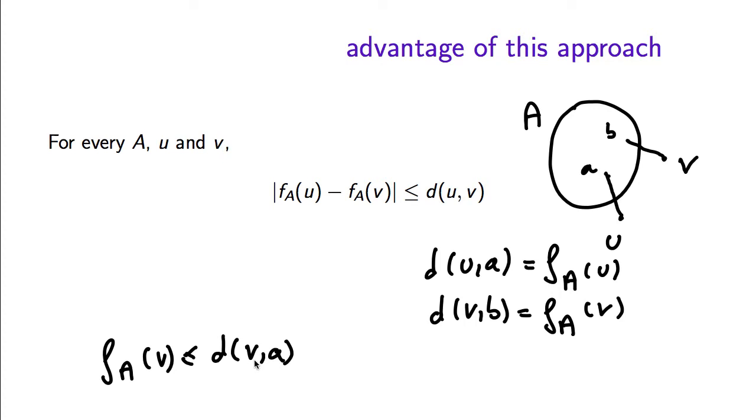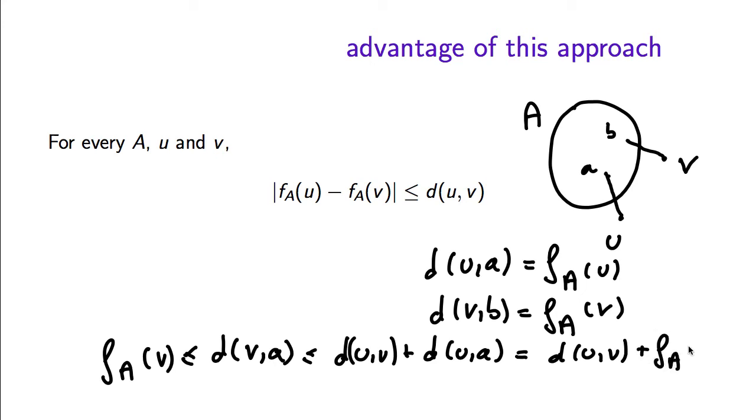And by the triangle inequality, the distance to go from v to a according to the distance function D cannot be any more than the distance to go from v to u plus the distance from u to a. The distance from u to a being fA(u).